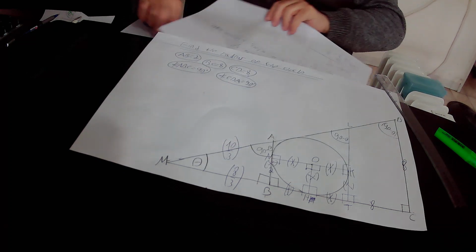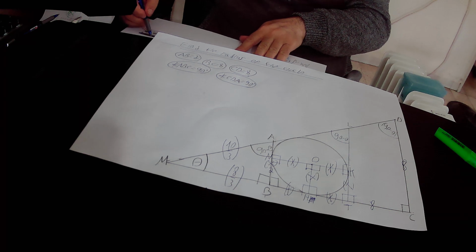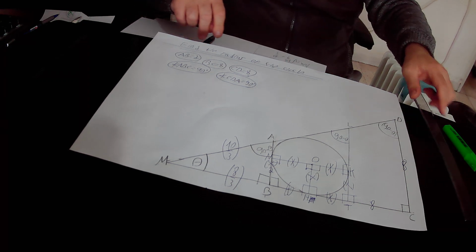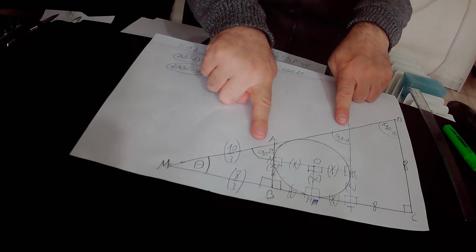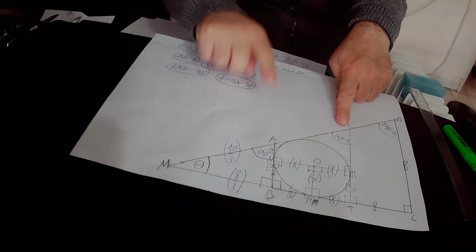And finally, those two angles are both equal to 90 degrees minus theta, therefore they are equal to each other.